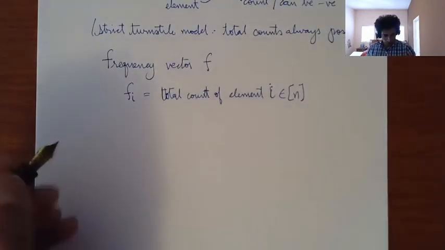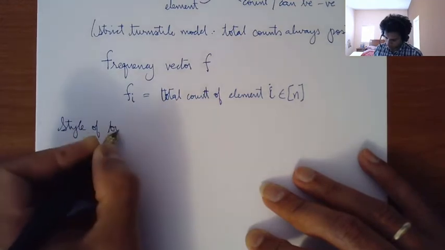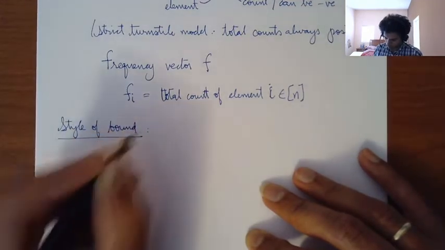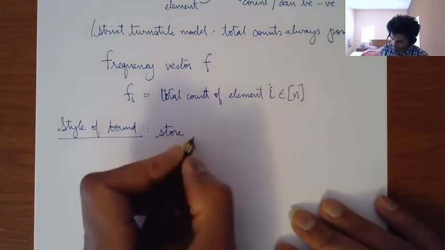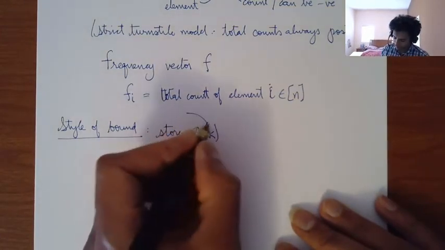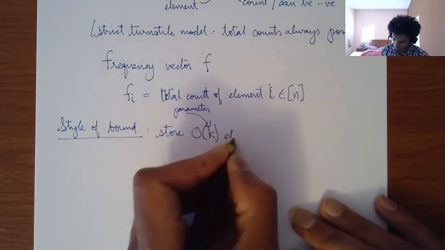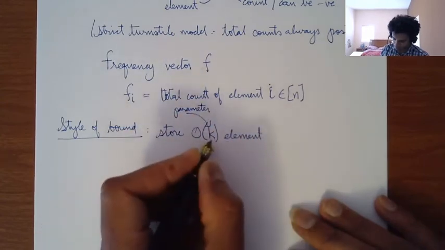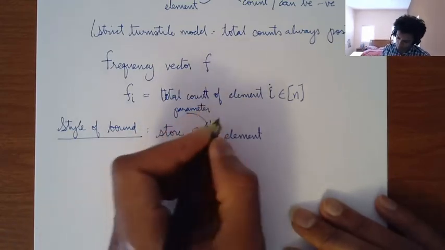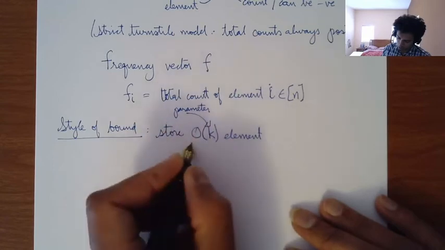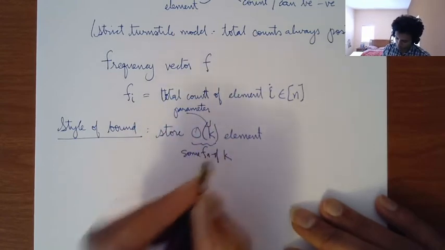So what is the style of the bound? We'll typically say store O of k elements, where k is going to be a parameter. Generally this is going to be some function of k, maybe not O of k, like k log k.